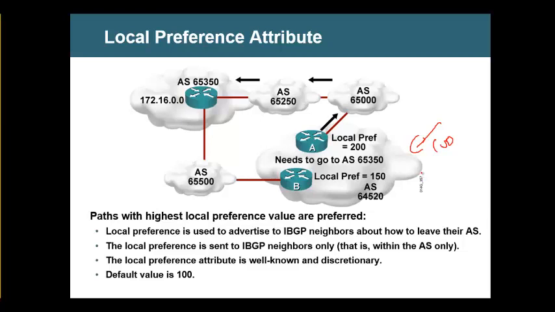Because they all belong to the same autonomous system, all 100 routers will know that the preference on router A is 200, and the preference set on router B is 150. So let us all go via 200. So they all leave the autonomous system using A as the exit, not B.